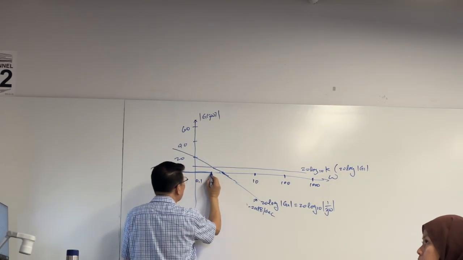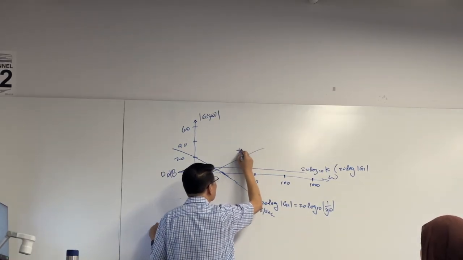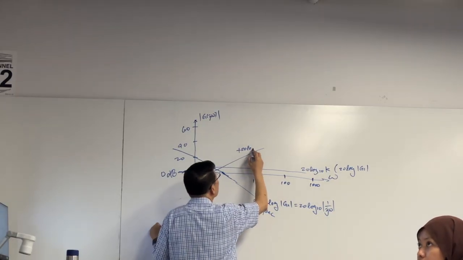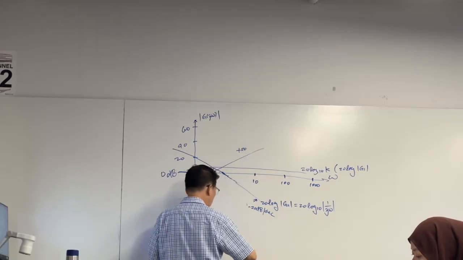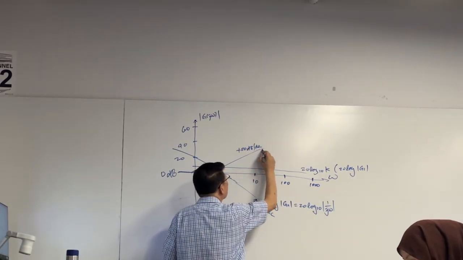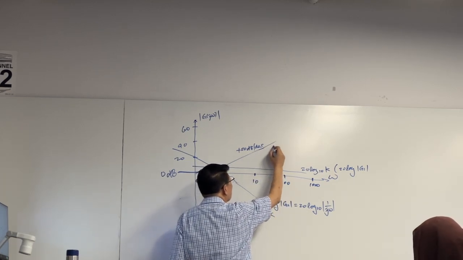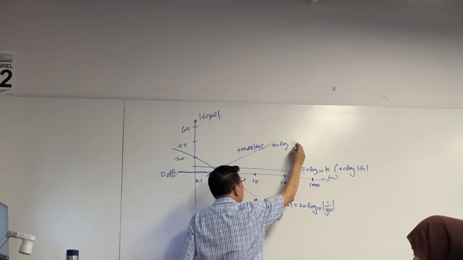So at this point, it's a 0. It's going up at the rate of plus 20 dB per decade. Okay. So this is the 20 log of G3.